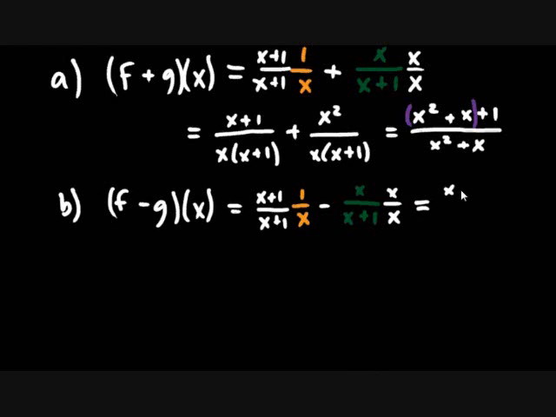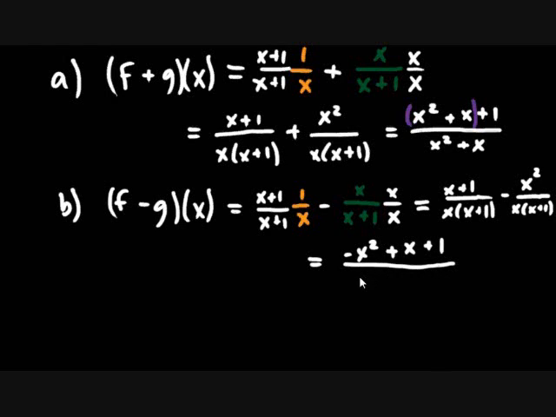That yields x plus 1 over the quantity x squared plus x minus x squared over the quantity x squared plus x. So now we can combine both of these fractions, we can subtract them, and we get negative x squared plus x plus 1 over the quantity x squared plus x.